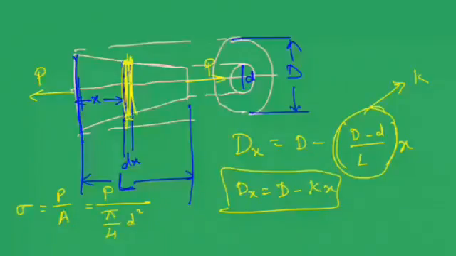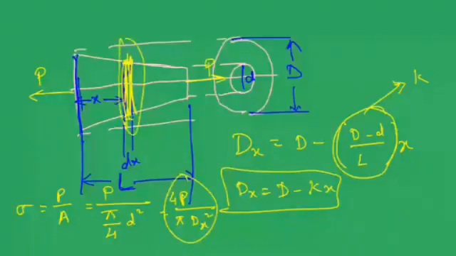We know this. So here, since the section has diameter capital Dx, so I can take P by, now this 4 I can take it up here at the numerator, so 4P by pi into Dx square. So this will give me the stress at this section.